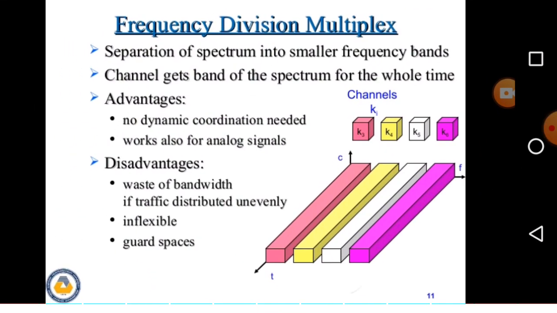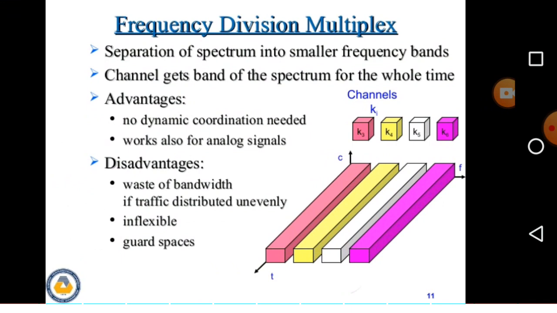Here is how frequency division multiplexing works. Separation of spectrum into smaller frequency bands, you can see in the slide. Each channel gets a band of the spectrum for the whole time. Then what are the advantages of frequency division multiplexing?